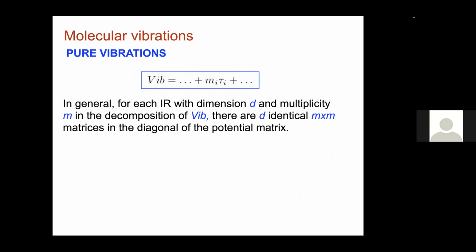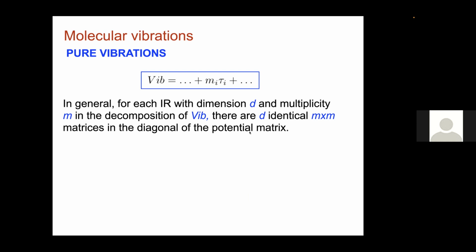So what is the general rule? Just what I was telling you. When you decompose the vibrational representation, and you have, among this sum, an irreducible representation tau i with multiplicity m_i, in the decomposition of the matrix V, there are identical n by n matrices in the diagonal of the potential.